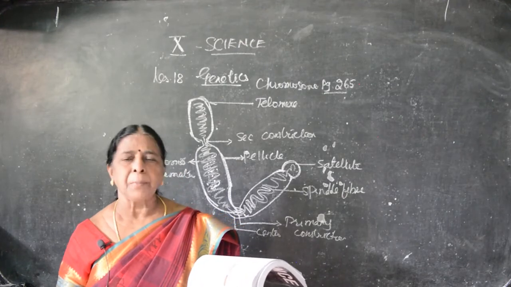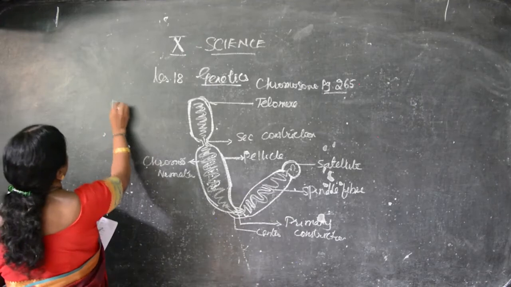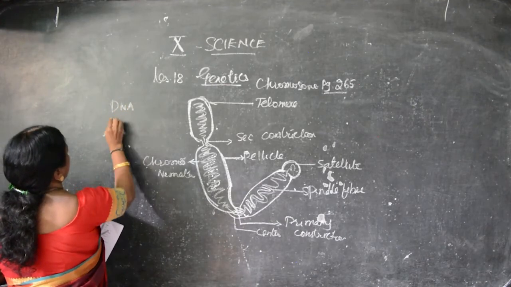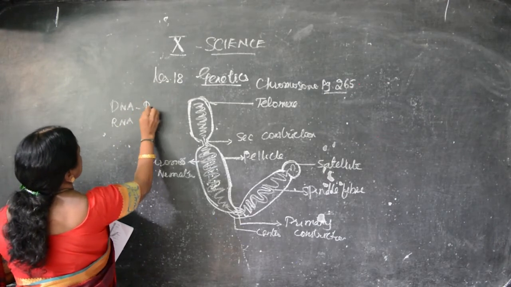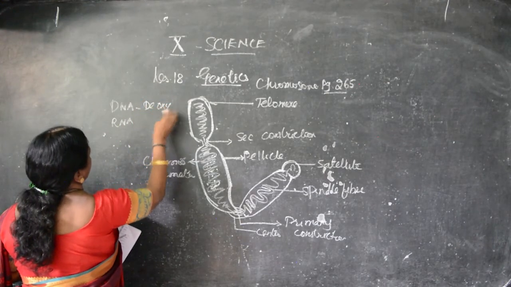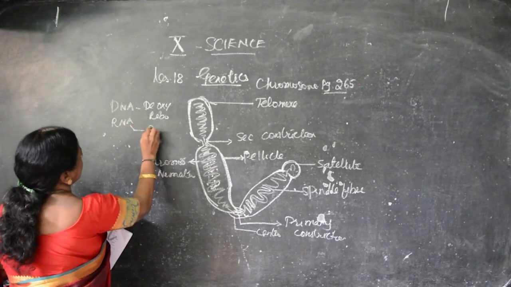The chromosomes are made up of DNA and RNA. DNA and RNA are the nucleic acids which carry the hereditary characters. DNA I said already, deoxyribonucleic acid. This is RNA, ribonucleic acid.